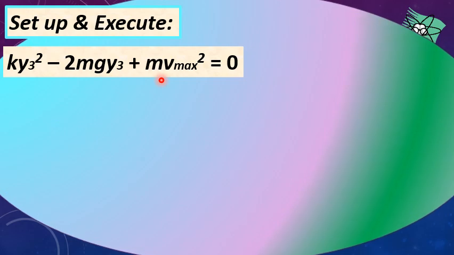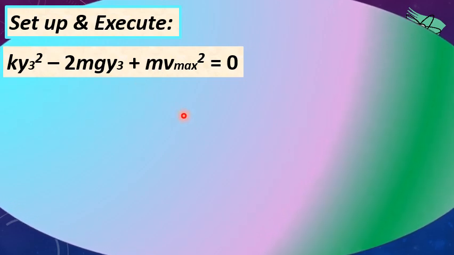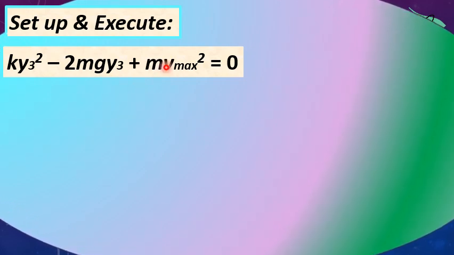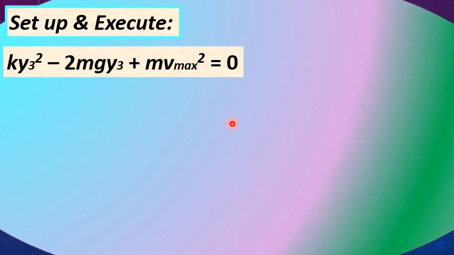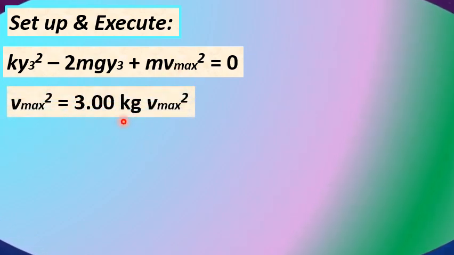So from this energy conservation equation, we can express m v max squared as 3.00 kilograms multiplied by v max squared.